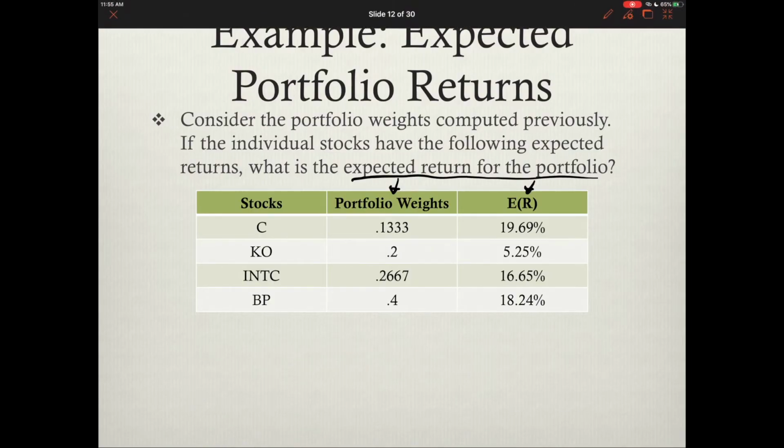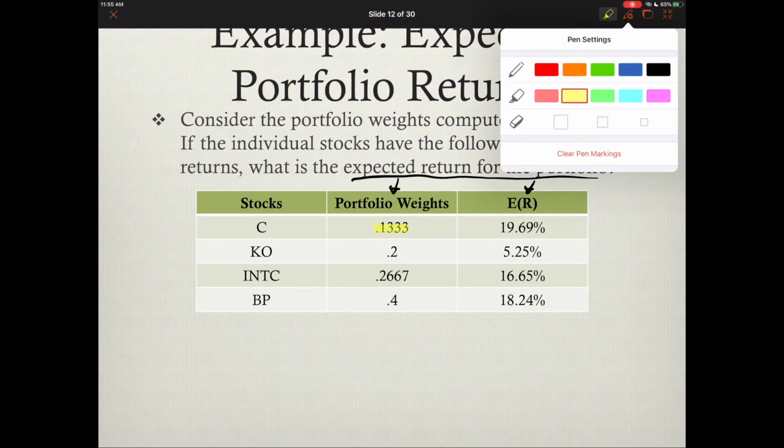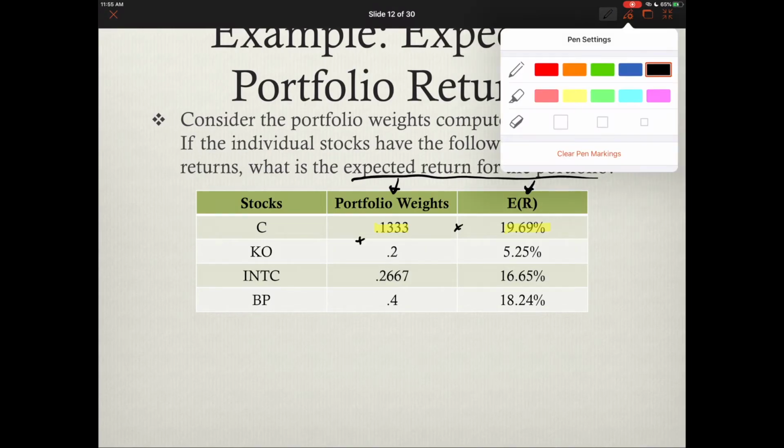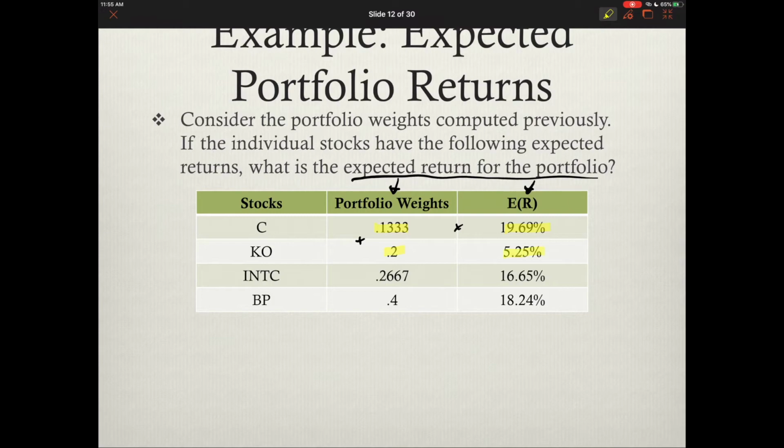We are simply taking the portfolio weight multiplied by its expected return, and then we add to that the next security's weight multiplied by its return, and the next, and the final portfolio weight multiplied by its return.